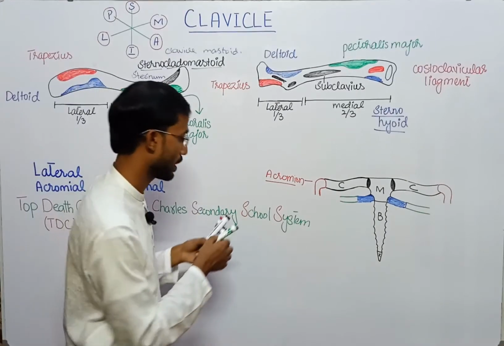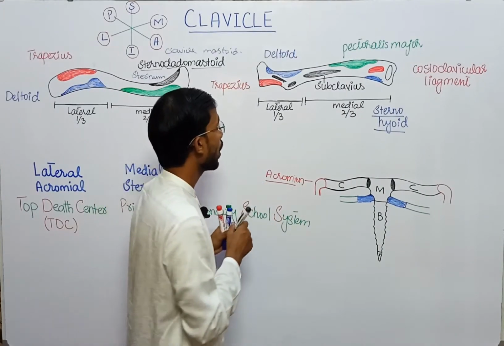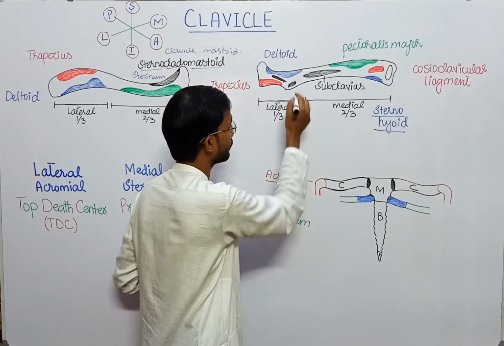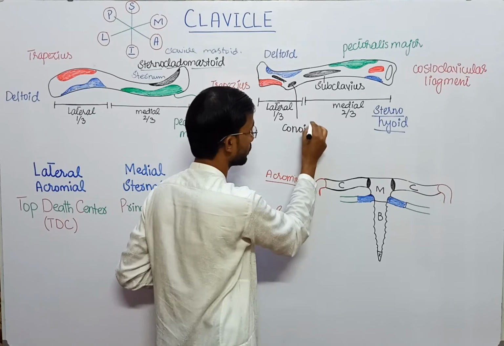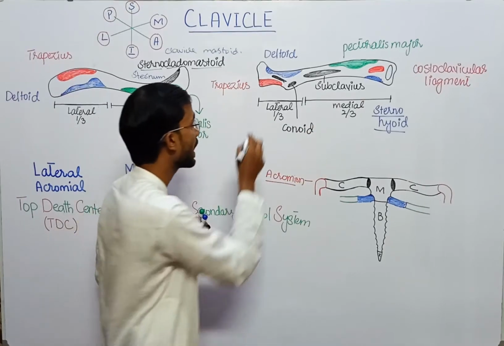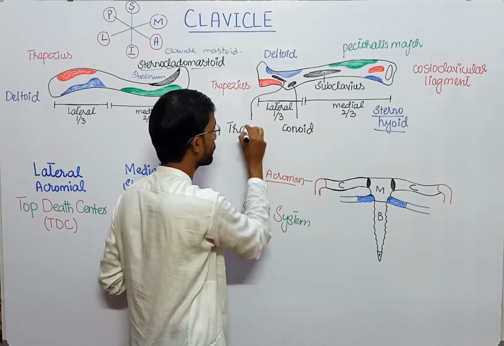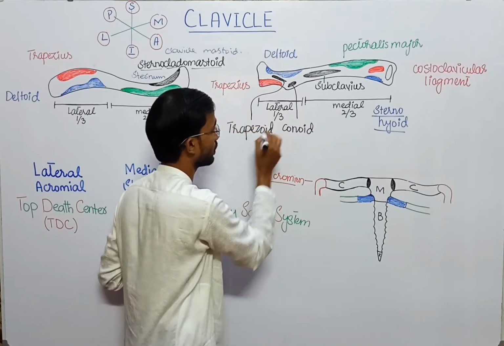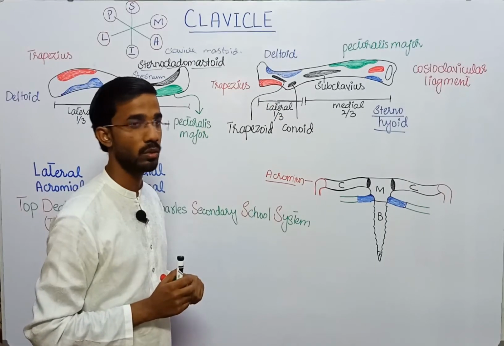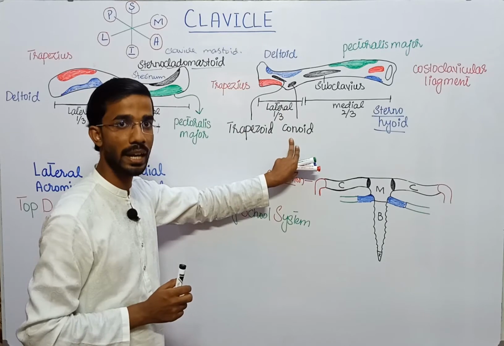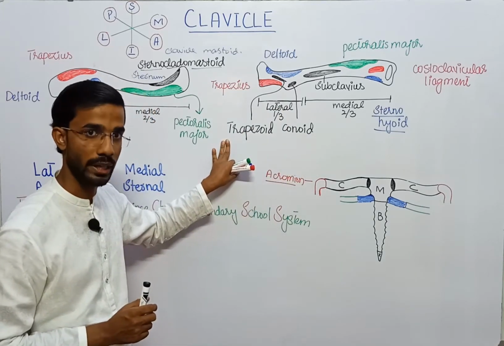Another thing is that there are impressions or ridges present on the lateral side. This is the conoid process, or you can say ridge, and here is the trapezoid process, and ligaments attach to these sites. The conoid side will be the conoid ligament, the trapezoid side will be the trapezoid ligament.